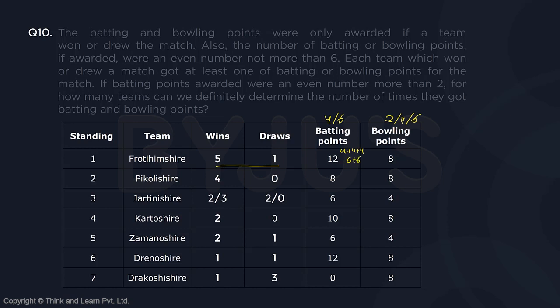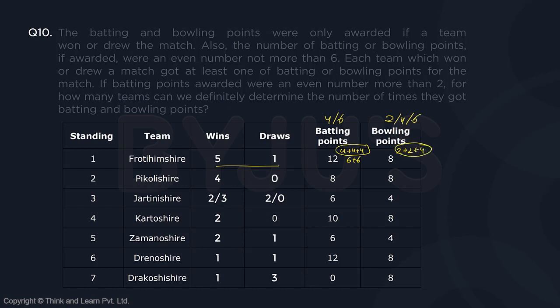Right. Bowling points. See, for 6 matches, if I'm taking this case, so 3 matches are already covered. So for the first case, I need to cover 3 more matches, right? So I can take 2 plus 2 plus 4, right? I mean, the scenario is like this. For 3 matches, he got batting points.